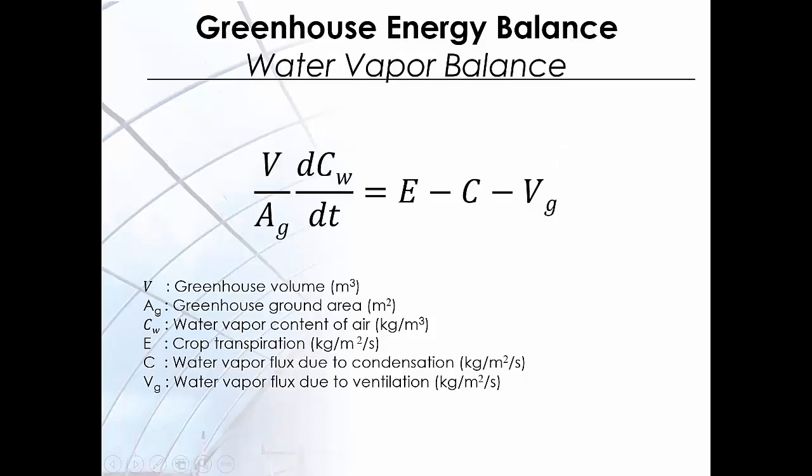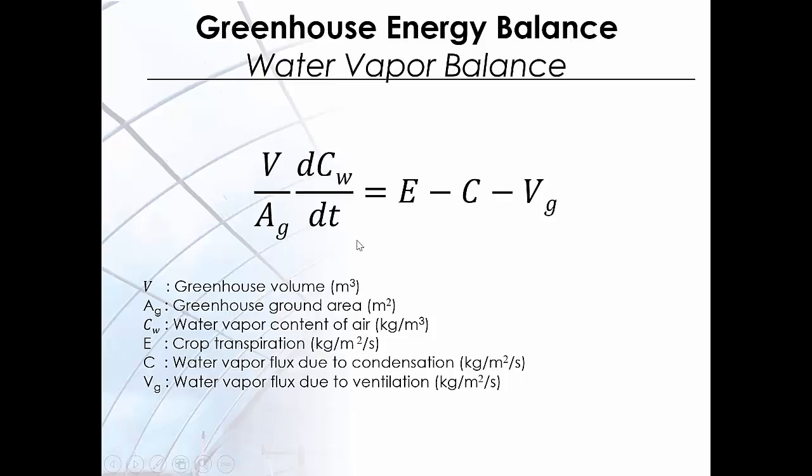Let's look at the water vapor balance of the greenhouse system. We can define the water vapor balance in the greenhouse system with this equation. Some of the terms in this equation are V, the greenhouse volume, and the greenhouse ground area ratio with this term, and the change of water vapor content of the air in time.